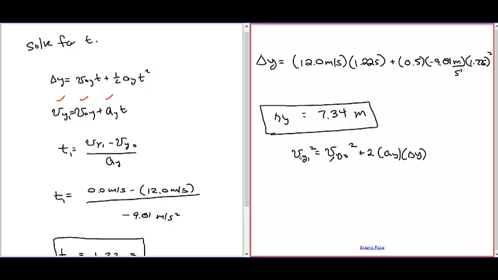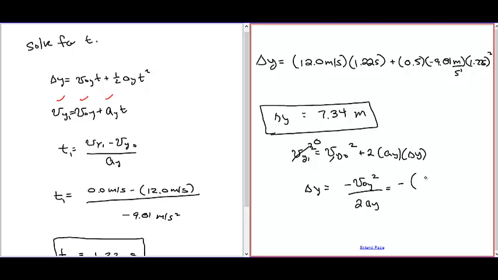Well, this is 0, the y component. So if you solve for delta y, you get negative v0y squared, so that goes to the other side and becomes a negative, and then you divide by 2 a sub y.